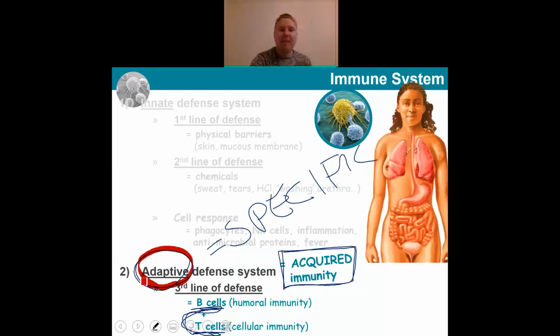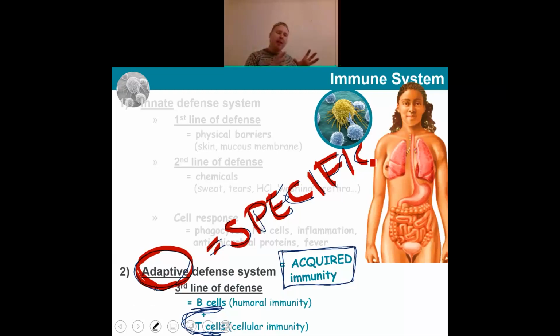So the adaptive branch of the immunity was this branch that was specific for certain kinds of pathogens. You deal with only certain kinds of pathogens if you're using your adaptive branch, whereas the innate branch that we saw before could deal with any kind of pathogen at all.